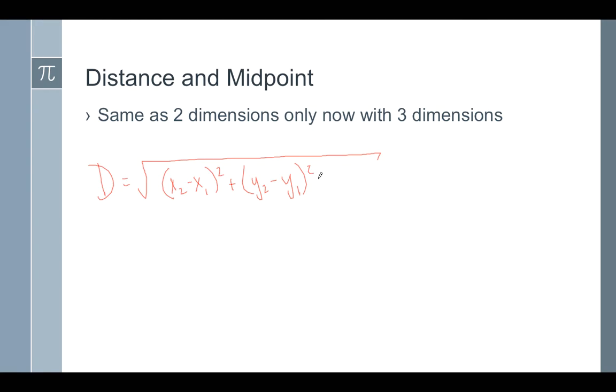But we're in 3 dimensions, so let's add another one. Really simple. That's the distance formula, the distance between any 2 points in 3 dimensions.